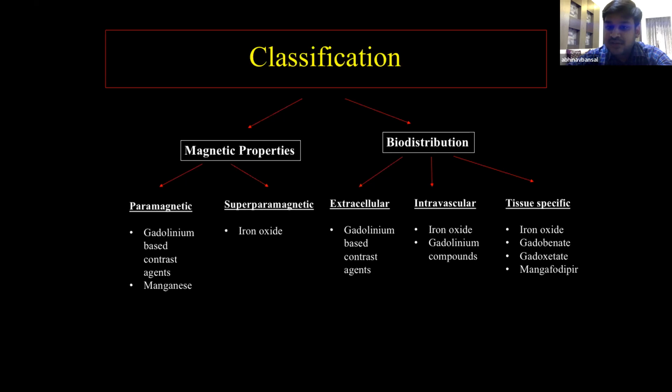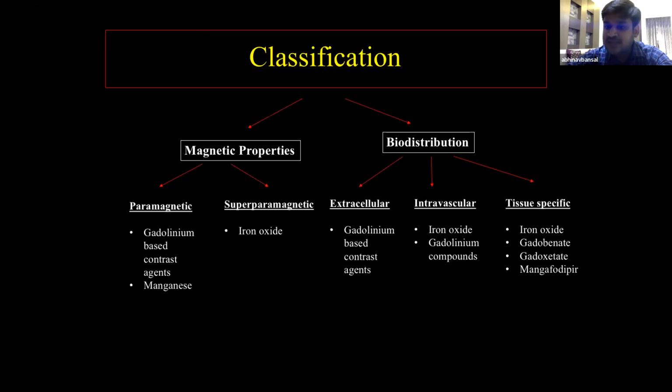Then the intravascular agents are large molecular weight agents. They are basically confined to the intravascular space. These include the iron oxide-based contrast agents and some large gadolinium compounds like gadoxetate and gadophosphate, which show good protein binding. Then there are some tissue-specific contrast agents which are rapidly taken up by the tissues in the body after their introduction.